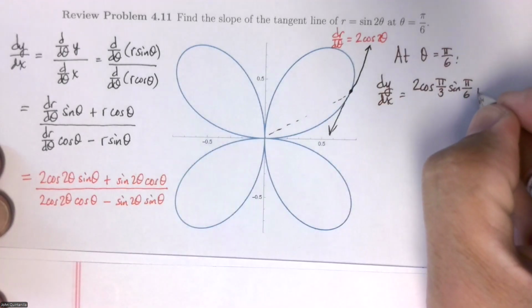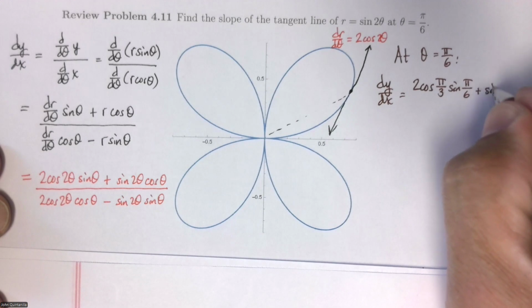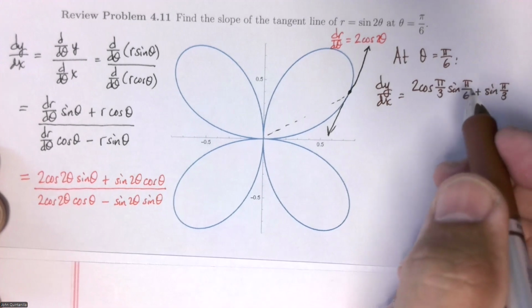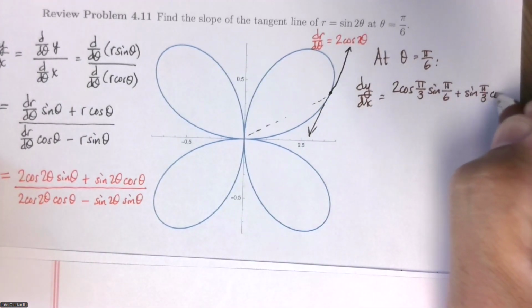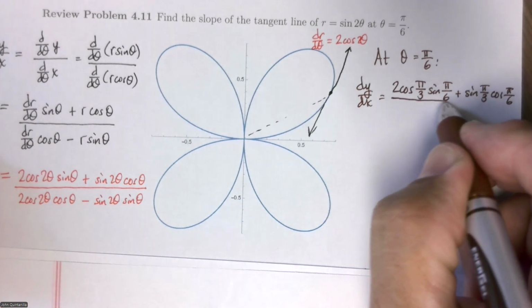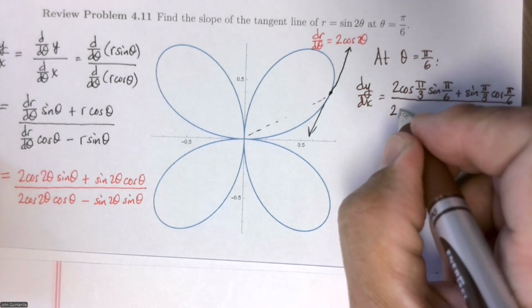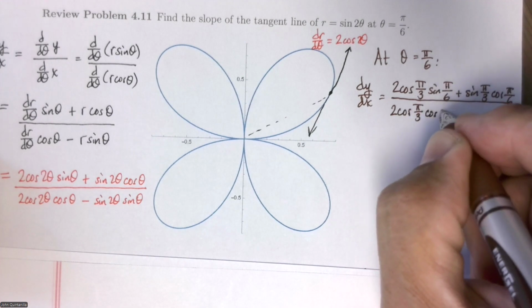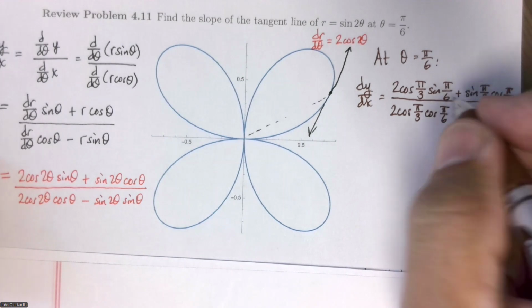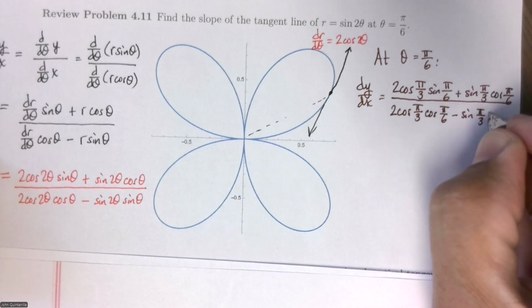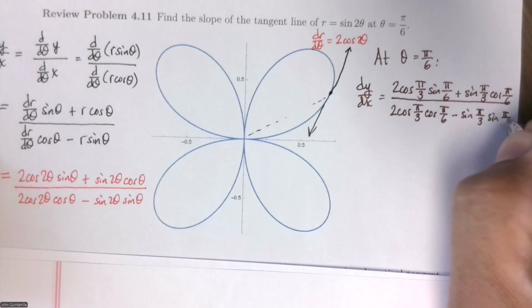Then I have plus sine of pi over 3 again, because 2 times pi over 6 is pi over 3, times the cosine of pi over 6, all over 2 times the cosine of pi over 3 times the cosine of pi over 6 minus the sine of pi over 3 times the sine of pi over 6.